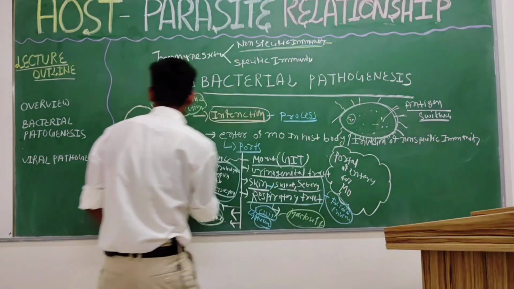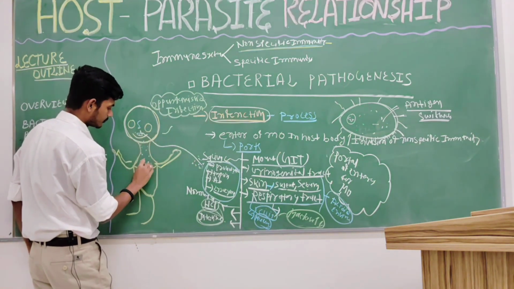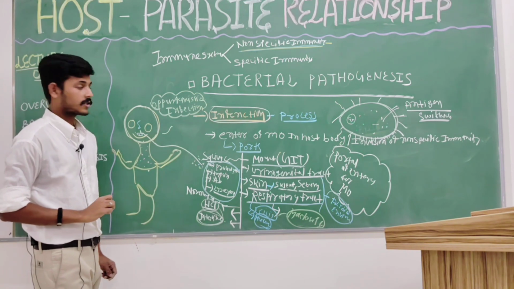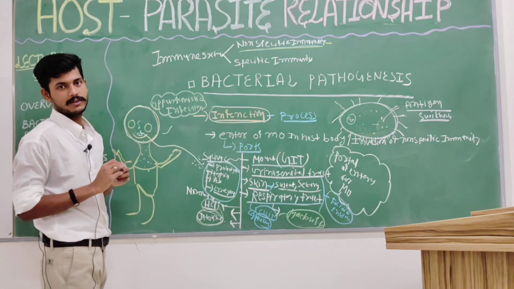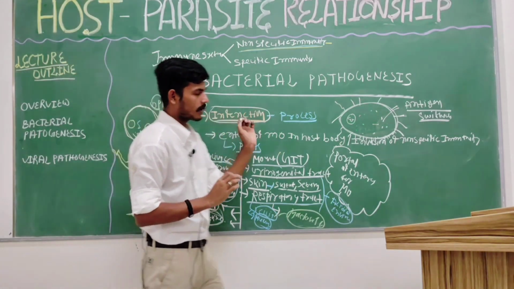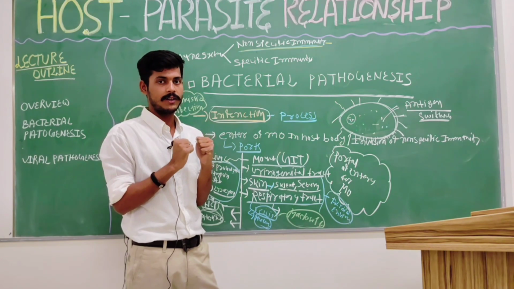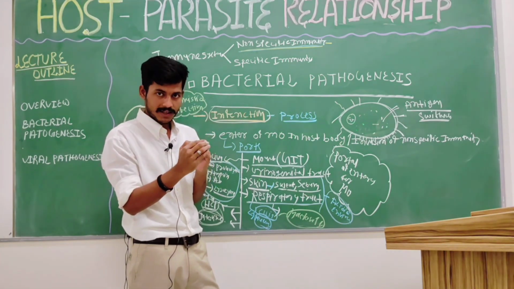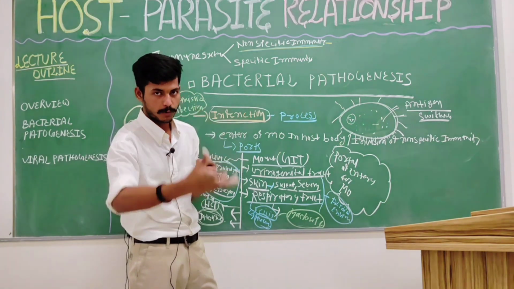The second step is that the microorganism has to stabilize in our environment, in order to propagate, multiply, and reproduce its progeny.